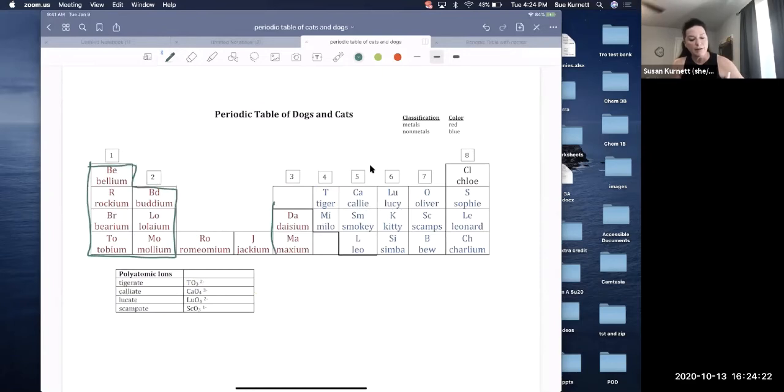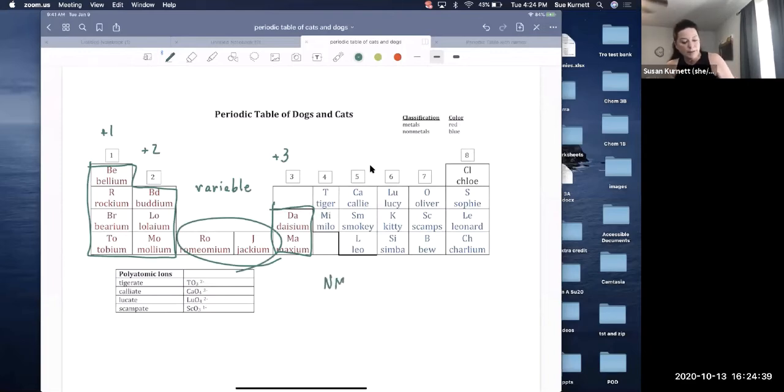And here they are, +1, +2, +3. For variable, we're talking about the ones in the transition metal area where you have to state the charge. And then if you have a nonmetal plus electrons, that makes an ide. So buide would just be bu gaining electrons to be like charlium.